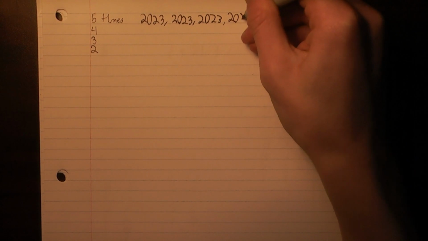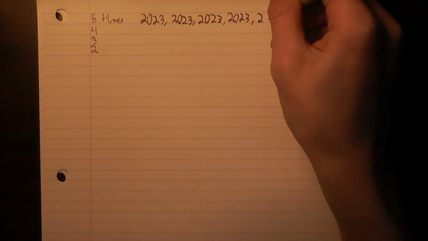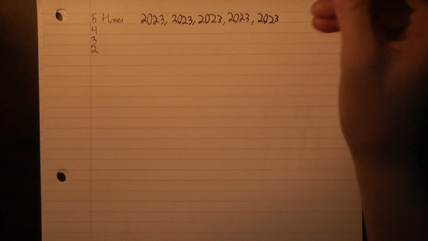So the integer 2023 appears more than once, so that means it can appear 5 times, 4 times, 3 times, or 2 times. If it appears 5 times, the list is just going to be 2023, 2023, 2023, 2023, and you guessed it, 2023.